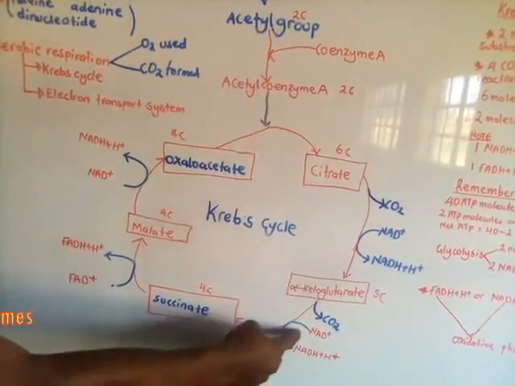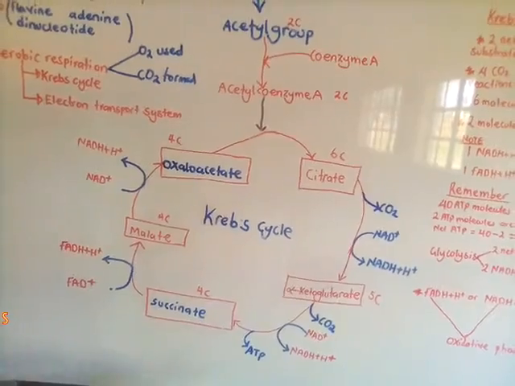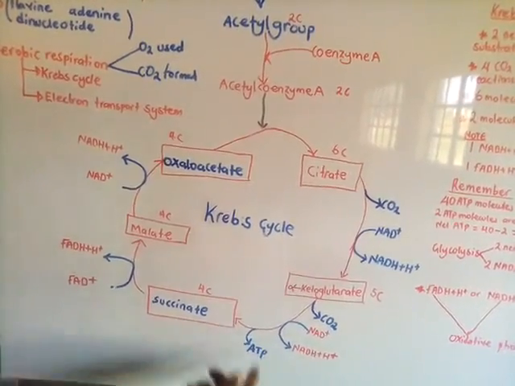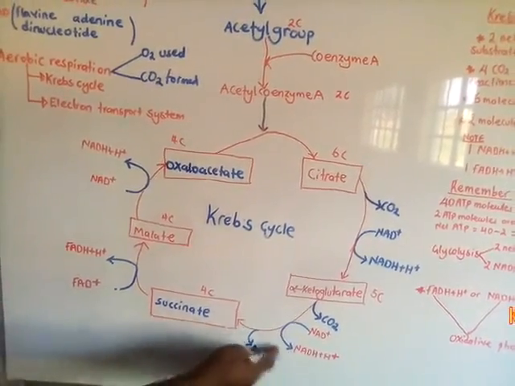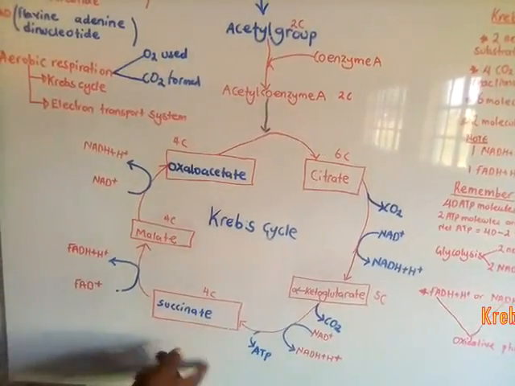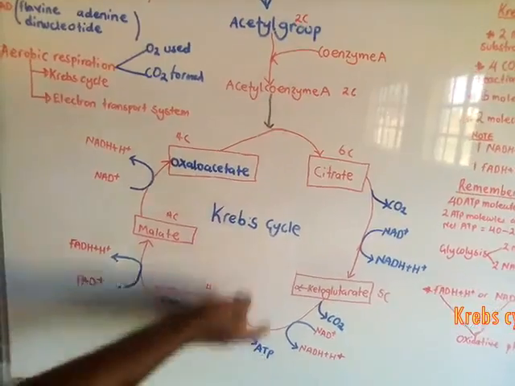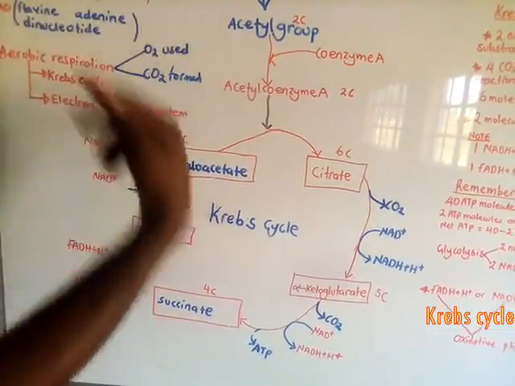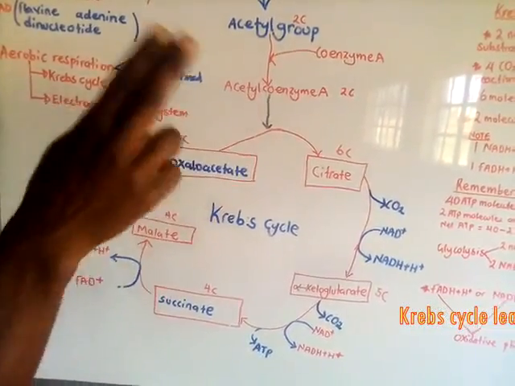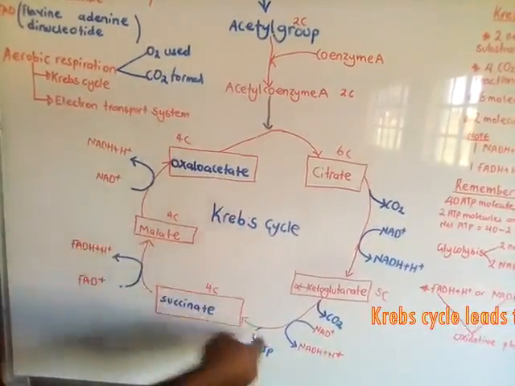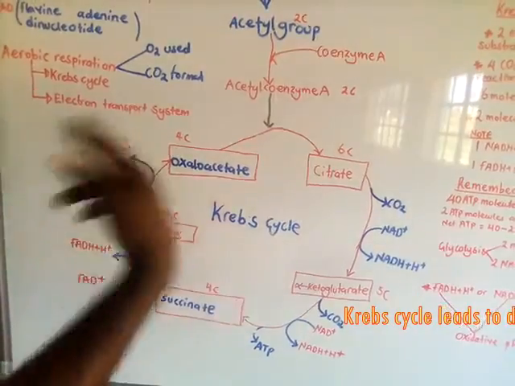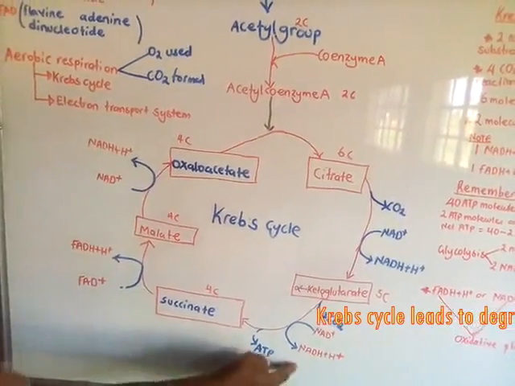But before, we have also dehydrogenation, and the hydrogens are going to be taken by NAD. Then we are having ATP formed directly for the Krebs cycle. Remember, we are using 2 molecules of pyruvate, so it means we are having 2 molecules of acetyl coenzyme A. It means even this cycle is going to turn twice. Let me say we are going to form 2 ATPs here.